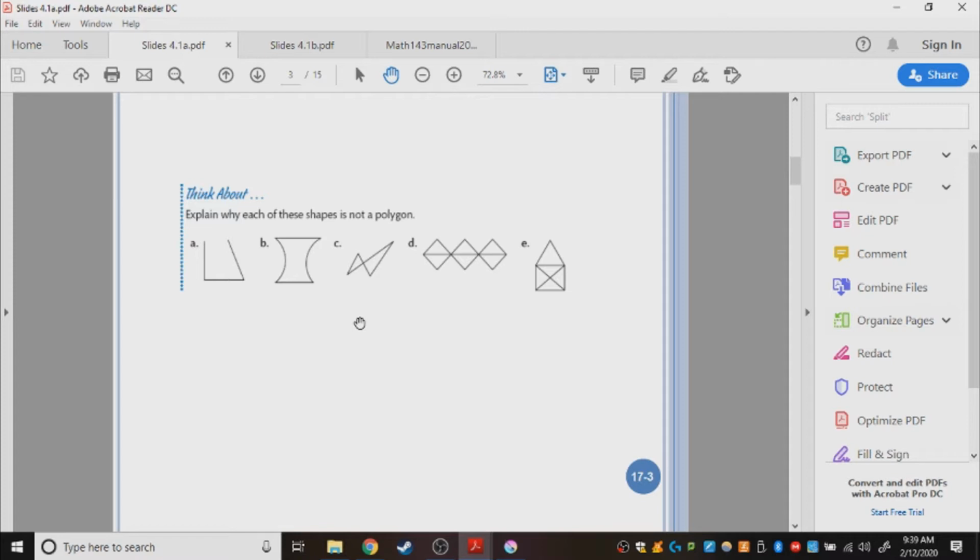Only two line segments meet each other at a time. I can't have multiple ones crossing and meeting and all kinds of weird things. Only two line segments meet at a time, and nice and closed straight lines. And E is not a polygon either, because those middle ones in the square cross each other. So polygons? None of them are polygons, but for different reasons. Closed shape with straight lines, and two sides meet, only two, not more than two.